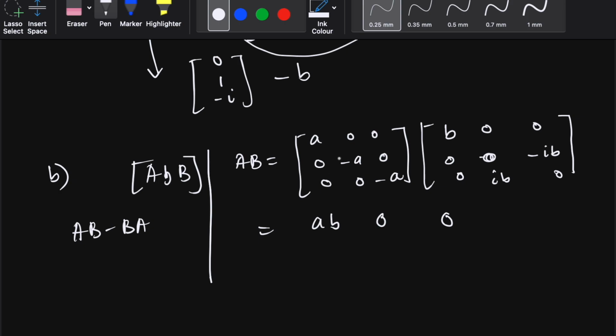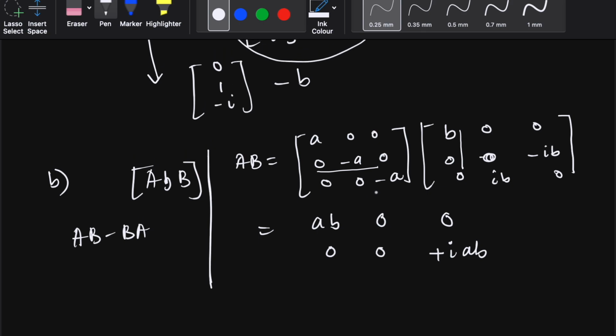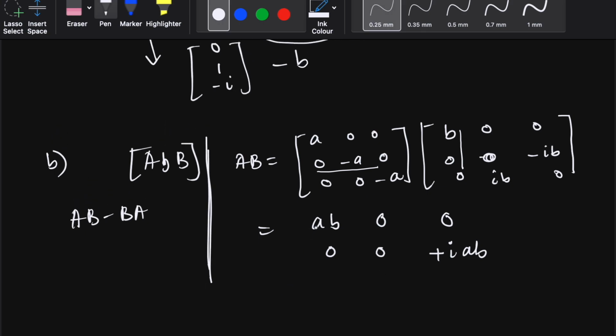In the second row, the products give 0, 0, and plus iab. For the third row, the products give 0, minus iab, 0.